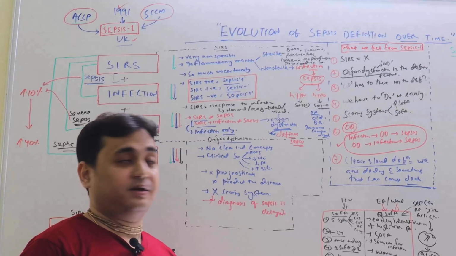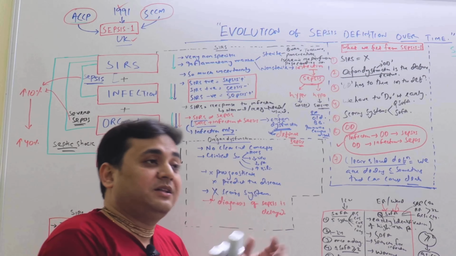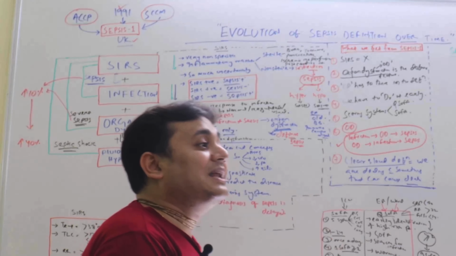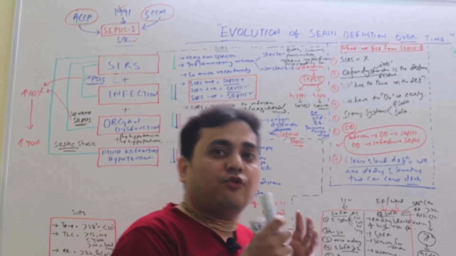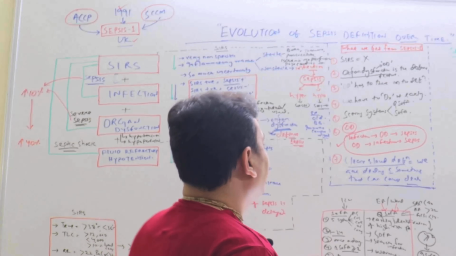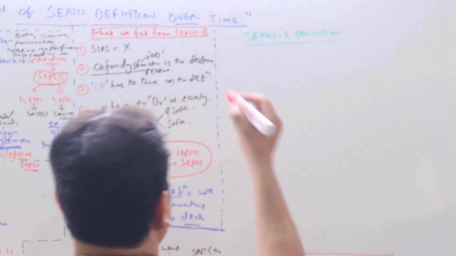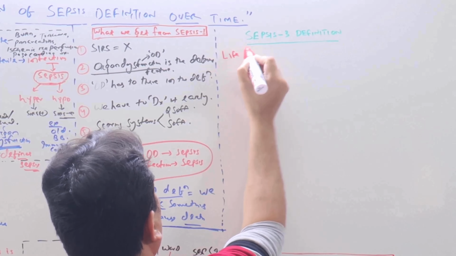Sepsis by itself is severe. That you have to understand. Sepsis by definition is severe. That means the definition should contain something that triggers us that we are dealing with something very, very serious. We have to be proactive. We have to deal with the patient very urgently. Now coming to the definition of Sepsis-3, the first and primary thing is that we are dealing with something life-threatening.